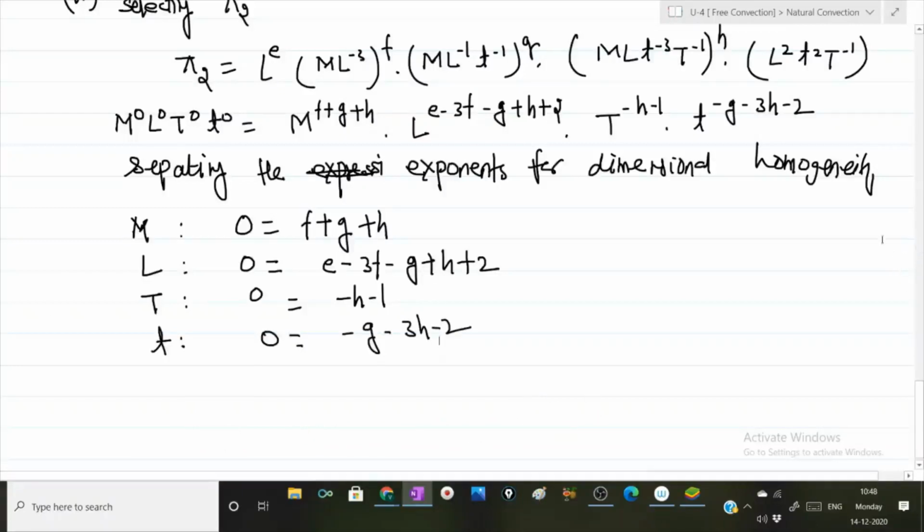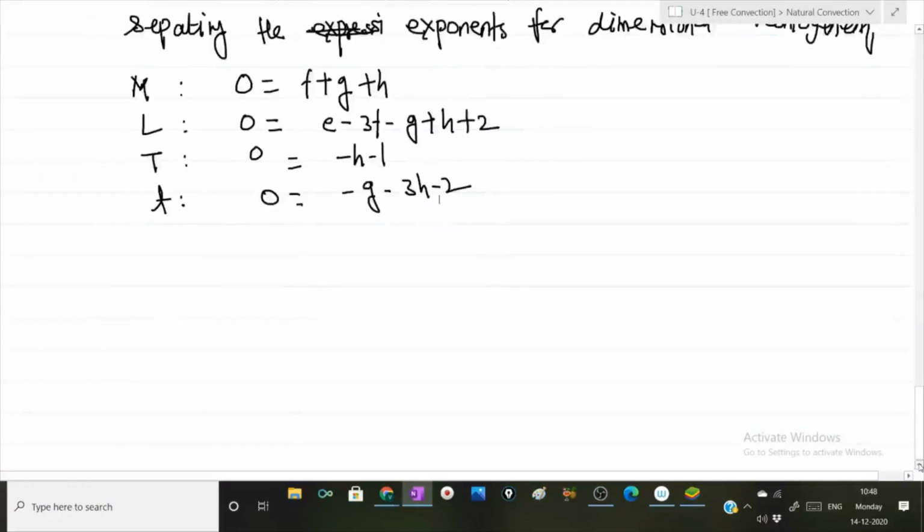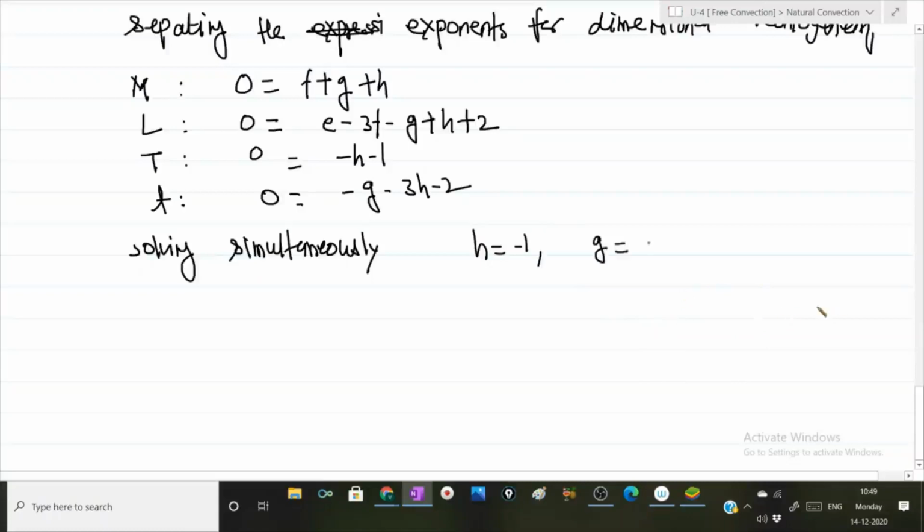Once again, after separating these exponents in terms of m, l, capital T and small t, and solving simultaneously, this will give me the value of h as minus 1, g as 1, f as 0 and e as 0.